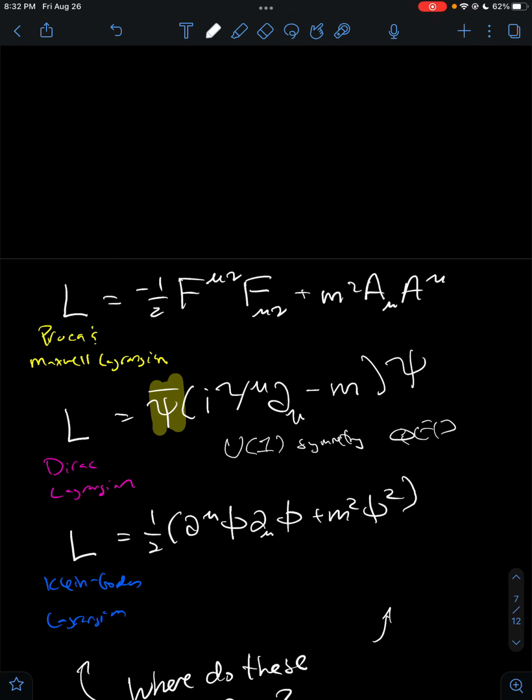And you'd often hear QED and QCD being called Yang-Mills theories. Yang-Mills theories are theories that have an SU(N) symmetry.